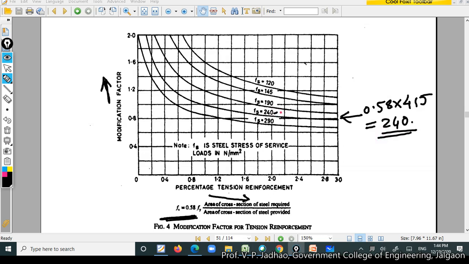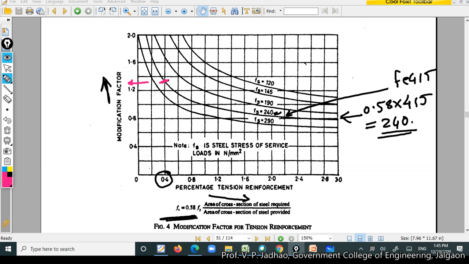So this particular graph is for Fe415, and we have assumed 0.4% steel reinforcement. For this 0.4% steel reinforcement, this particular graph coincides with this 0.4 here. Let us consider this value is 1.3.